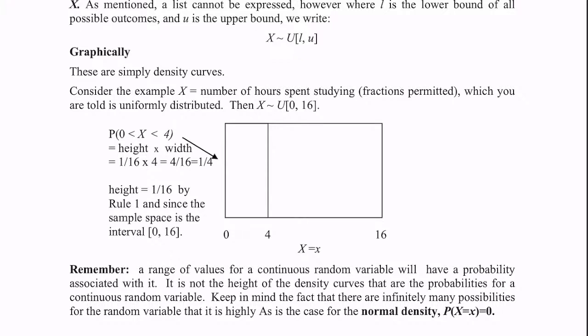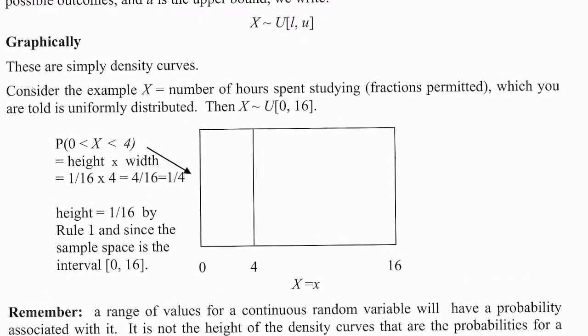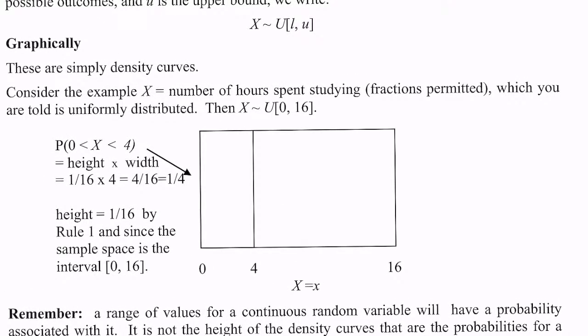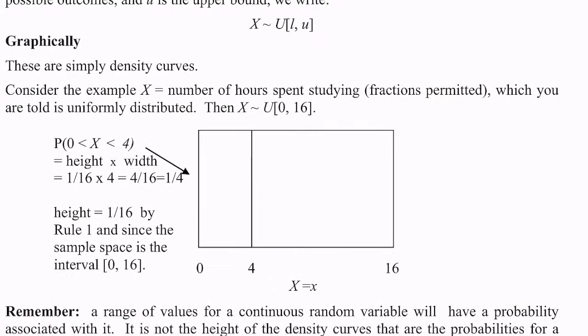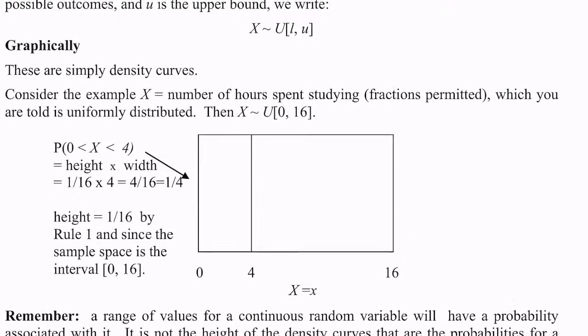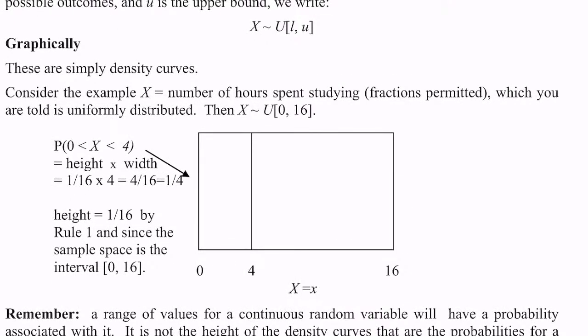In some textbooks they use A and B. So there could be infinitely many kinds of uniform distributions, but formally this is how we depict it, right? Lower and upper bounds. Here, I have an example. The lower bound is 0 and the upper bound is 16. So that sketches out a rectangle from 0 to 16.